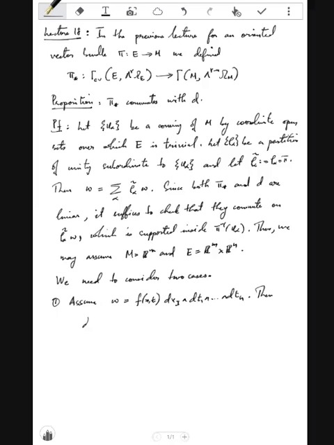Then d omega is equal to the summation over j not in I of partial f by partial x_j dx_j wedge dx_I wedge dt_1 through dt_n.